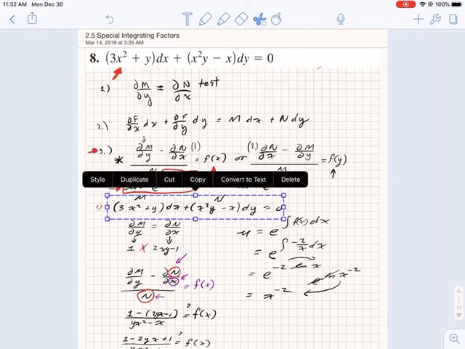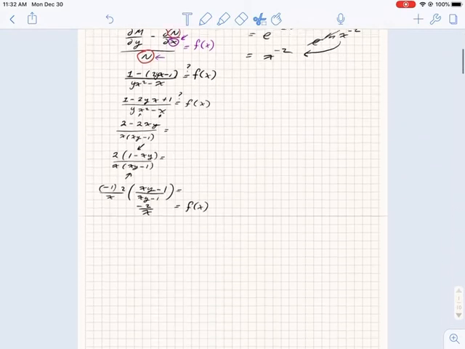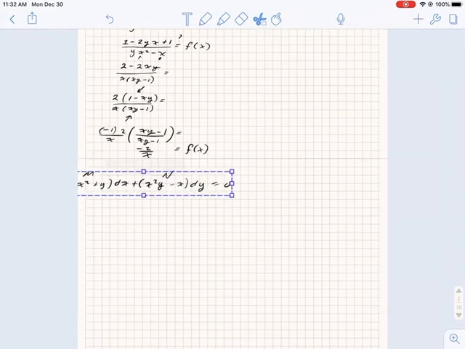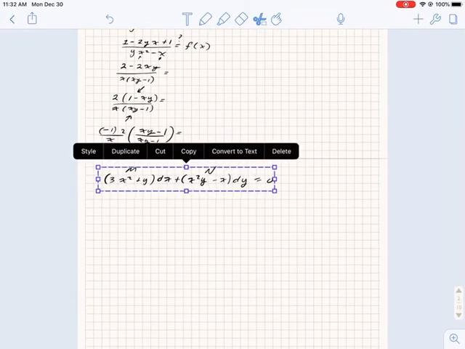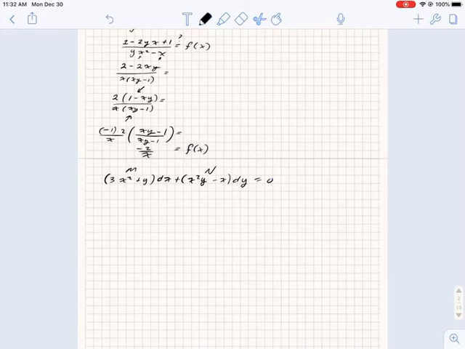Let's take this equation and multiply it by x to the negative 2.